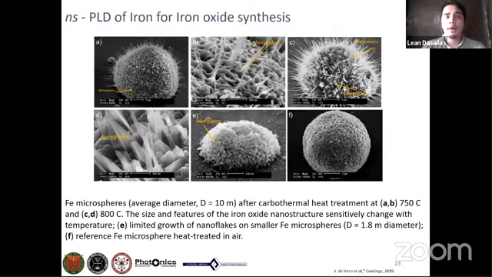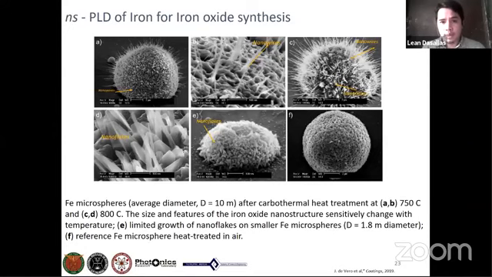Now, after obtaining the iron microspheres, we place them in the carbothermal oxidation chamber, and the result is we are able to produce iron oxide nanowires as large as 10 micron diameter. The nanowires are on top of the surface of the iron microsphere.